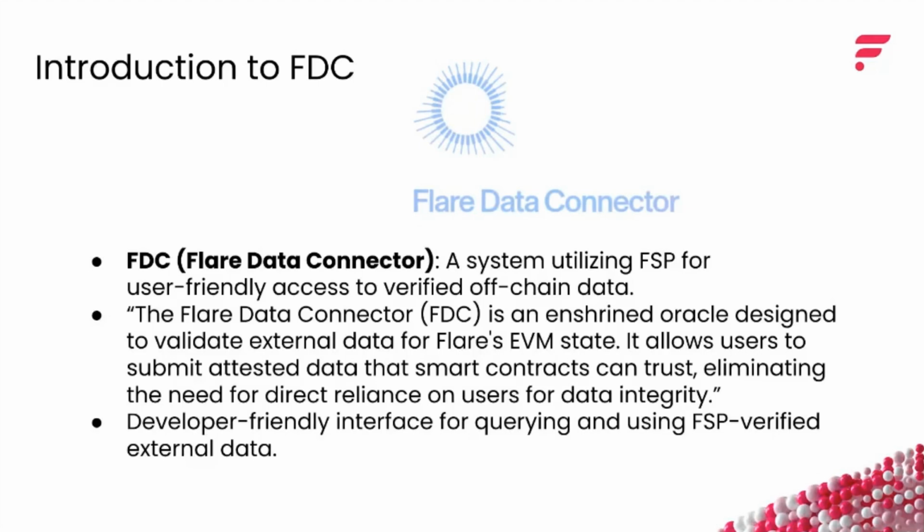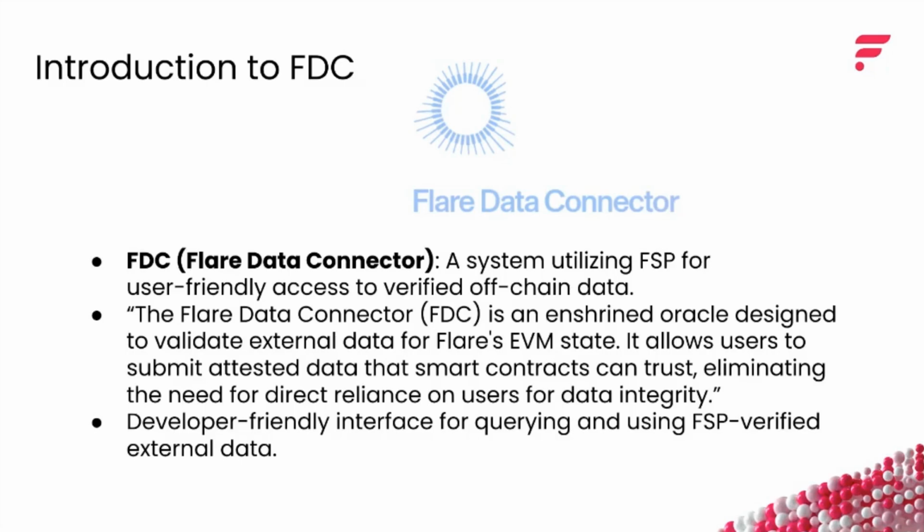As I mentioned previously, the FDC uses FSP to provide a user-friendly way to access trustlessly verified data. So it simplifies the FSP for you. You don't have to understand the Flare Systems Protocol that much, because we're going to go through an example for FDC, because we offer a developer-friendly interface that you can use.